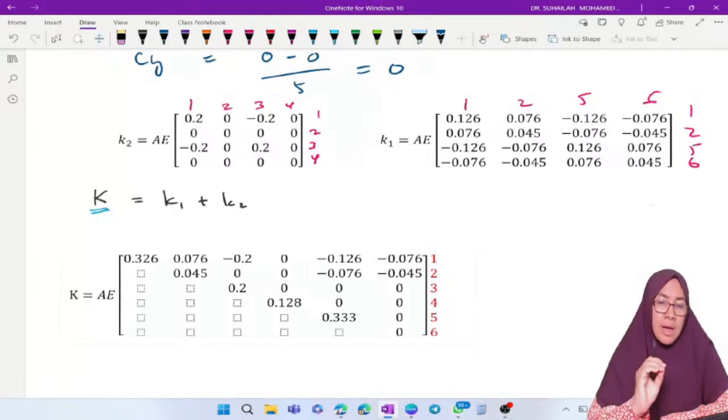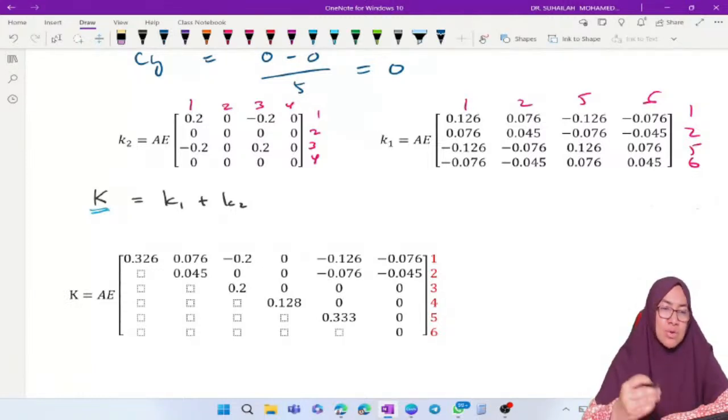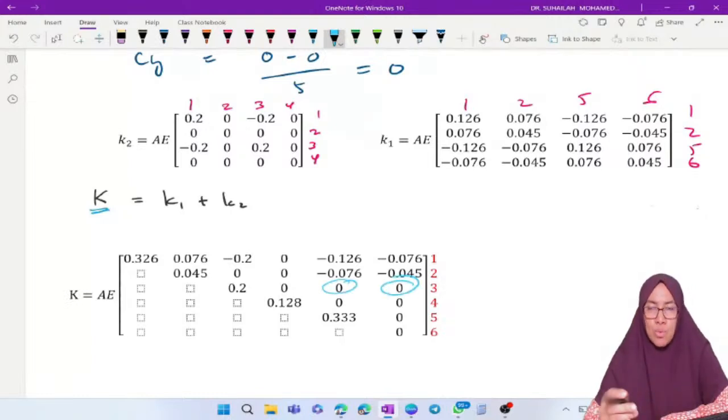There is no 3, 5 and no 3, 6 in K1 and K2, which means we just put 0 for the values of 3, 5 and 3, 6.